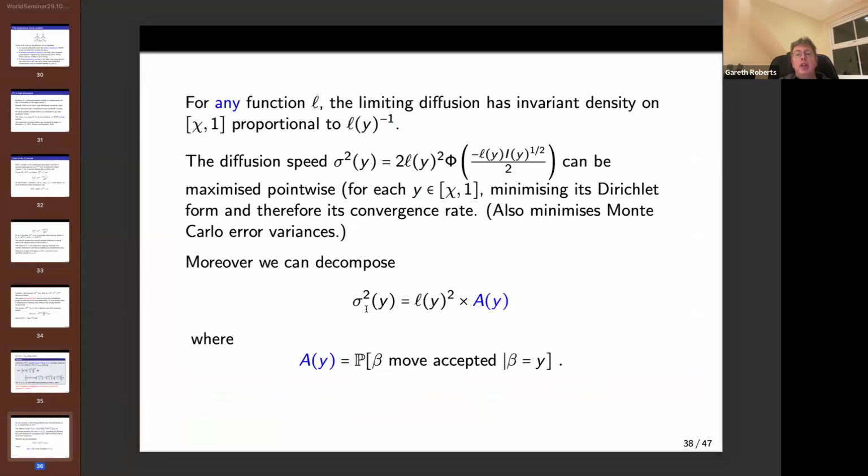The important decomposition is that the volatility of the diffusion can be written as L squared multiplied by A of y, where A of y is the probability that I accept a move started from this value y. So we get the same kind of factorization that we got from those toy problems earlier on.